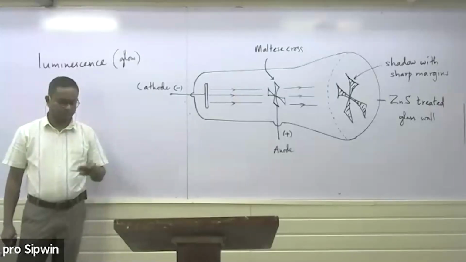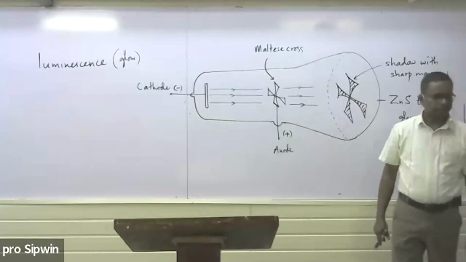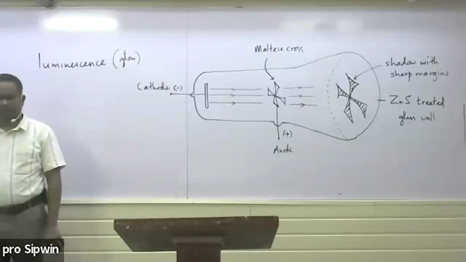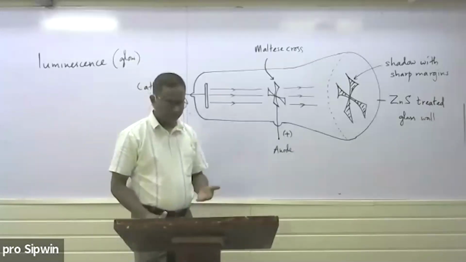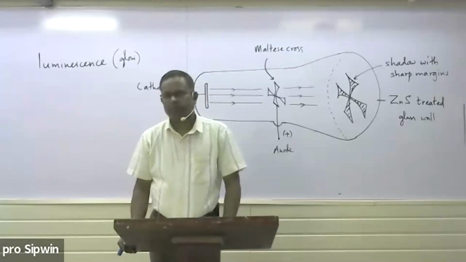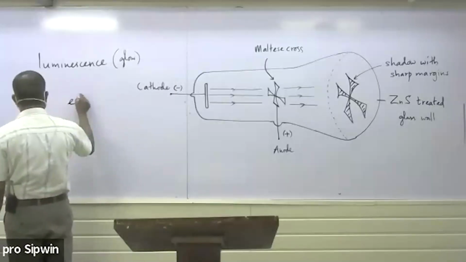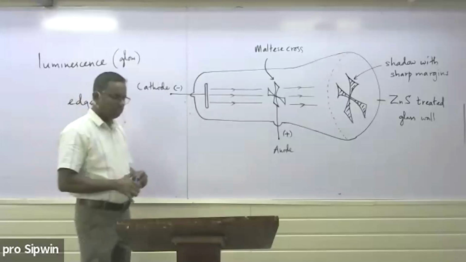Next line: when cathode ray is allowed to pass towards the anode, it is observed that a shadow with sharp margins and edges is produced.